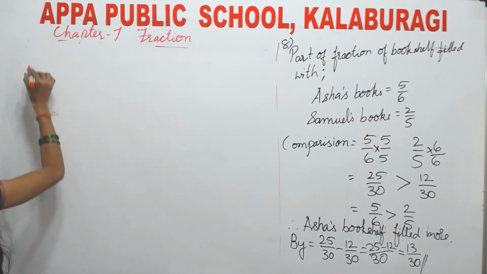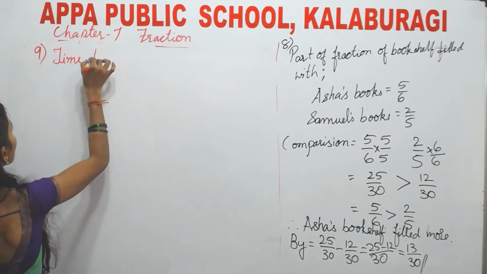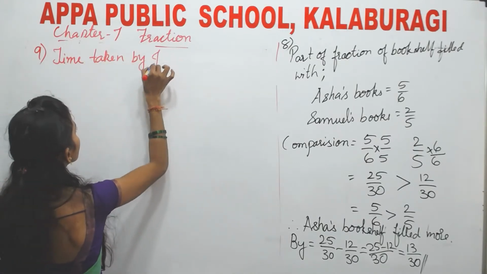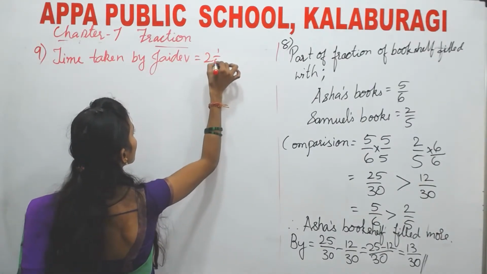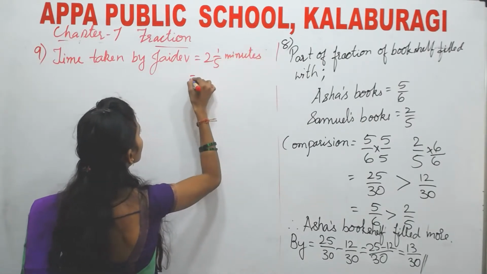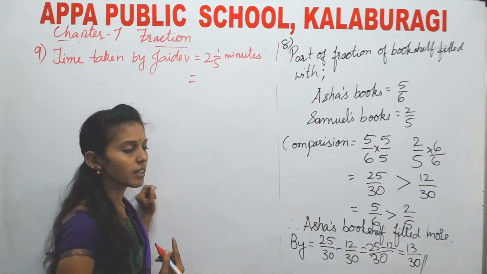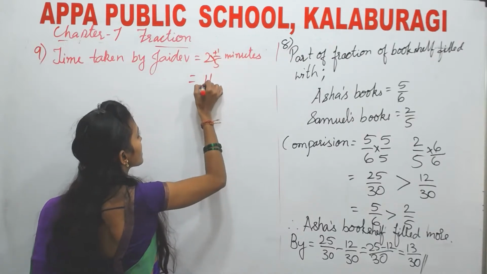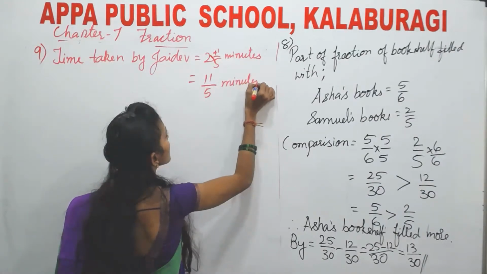Time taken by Jaidev is 2 integer 1 by 5 minutes. Let us convert it into an improper fraction, since it is a mixed fraction. 2 5s are 10 plus 1, that is 11 by 5 minutes.